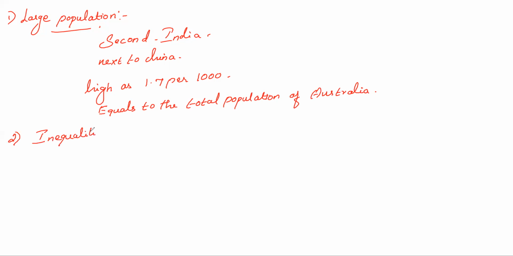Second one, inequality and poverty. Inequality and poverty means disparity and poverty. There exists a huge economic disparity in the Indian economy.